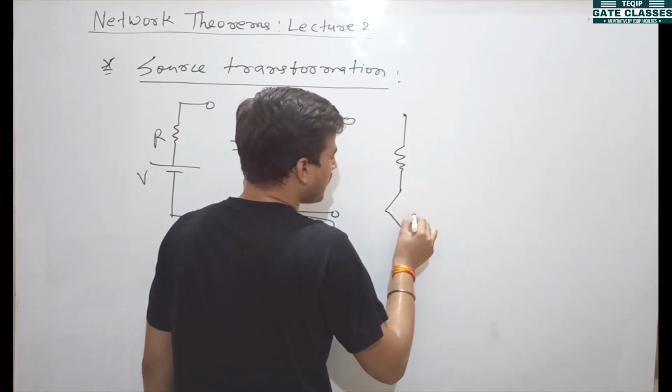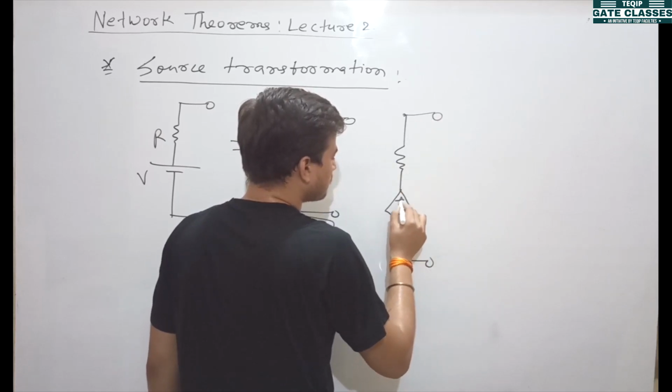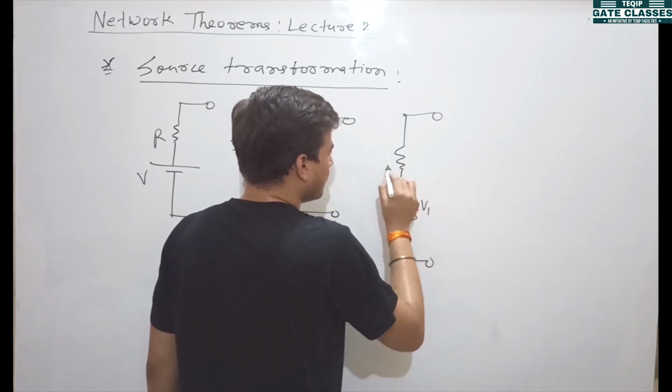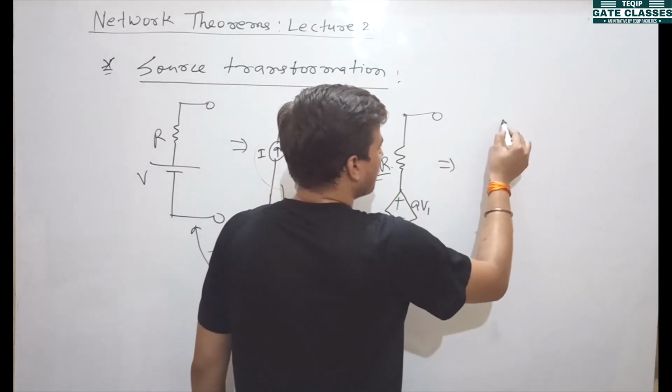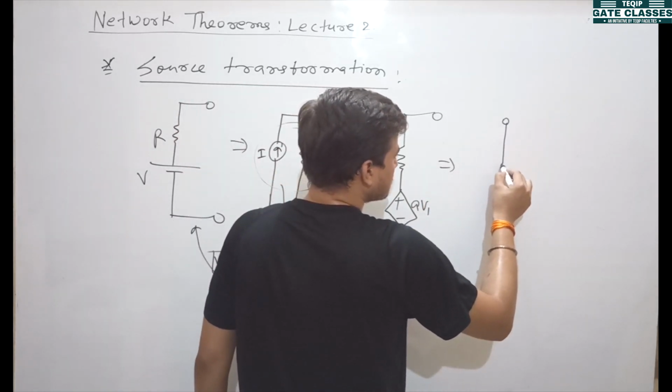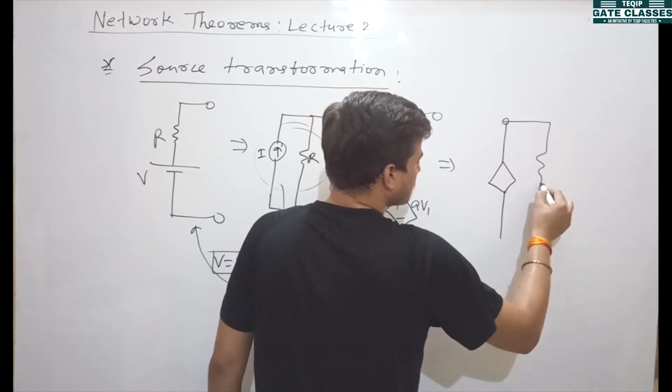Suppose you have a dependent source plus minus A V1 with resistance R. You can convert it into a practical current source.